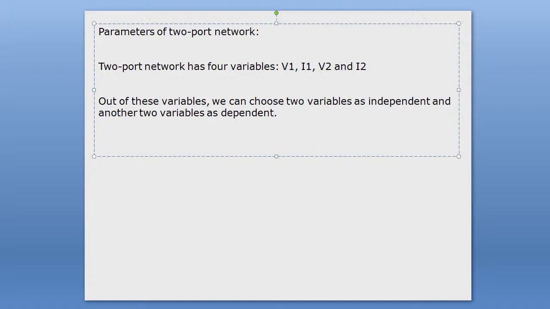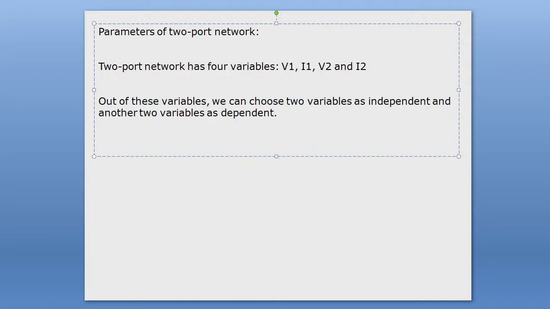Okay, we have two types of variable, independent variable and dependent variable. You know that the value of a dependent variable depends on independent variables. So we can express dependent variables in terms of independent variables.